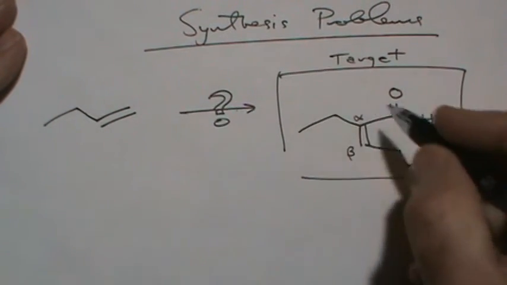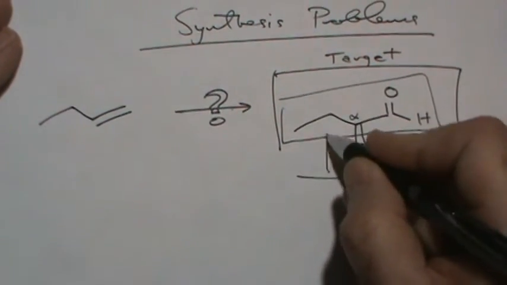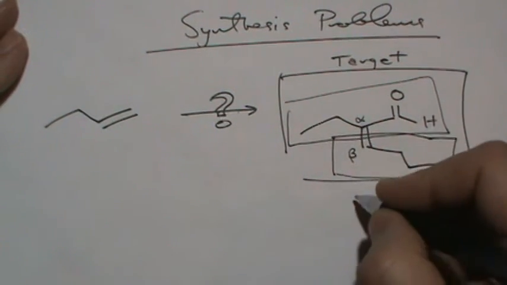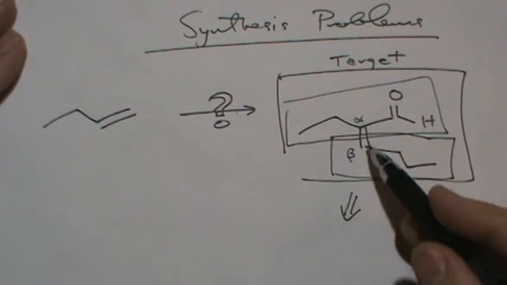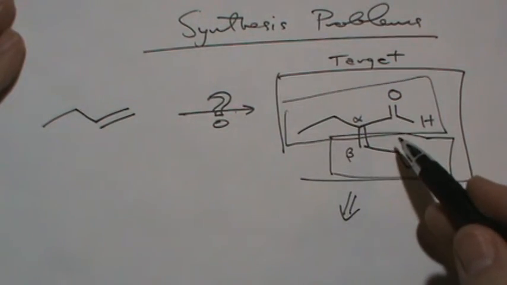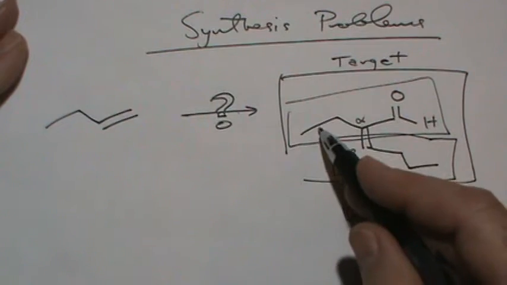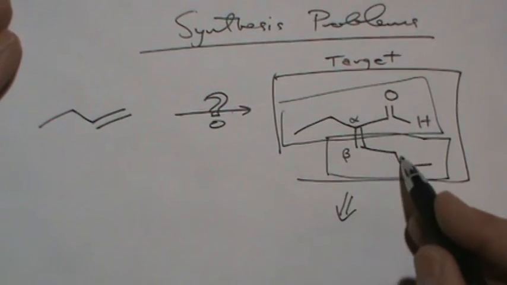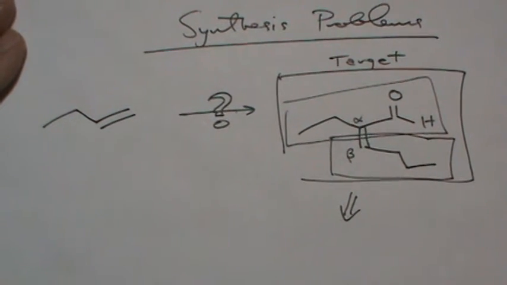In fact, if we break it down even further, we realize that the immediate precursor of this particular alpha-beta unsaturated aldehyde had to be a 4-carbon aldehyde. There are the 4 carbons of the aldehyde, and there's the other 4 carbons of its partner that it condensed with.